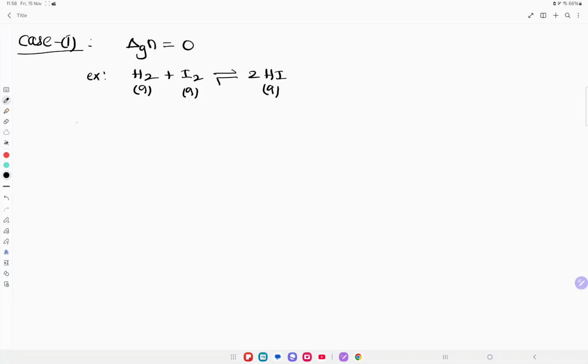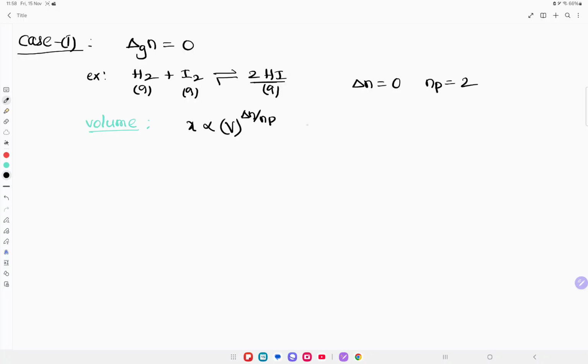Then what can you say? What is the volume effect on the degree of dissociation? The number of moles of molecules dissociated X is proportional to V power delta n by Np. For this reaction, what is delta n? Delta n is equal to 0. Np, the number of moles of gaseous product, is 2.